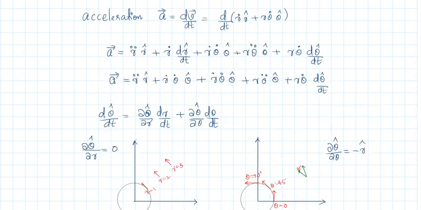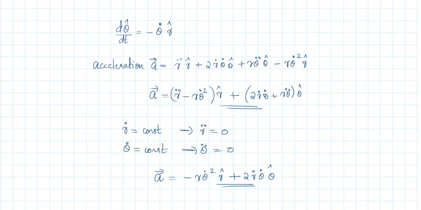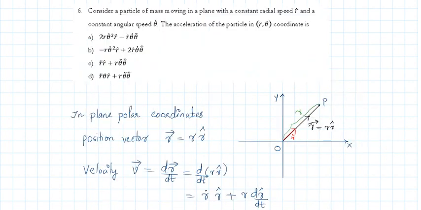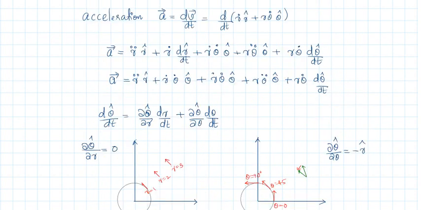R dot and theta dot are constant means r double dot is 0, theta double dot is 0. So you can put this as 0, this term as also 0. Final expression is A equal to minus r theta dot square r cap plus 2 r dot theta dot theta cap. The correct option is option B. I think it is clear.